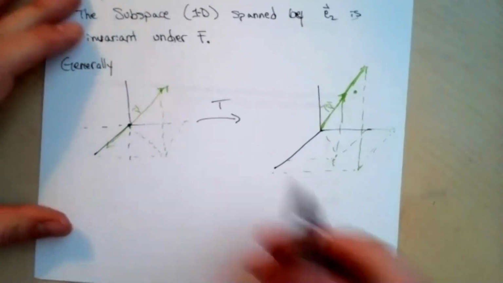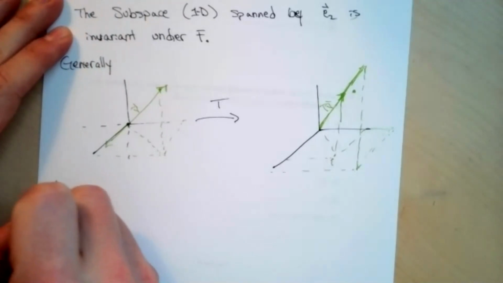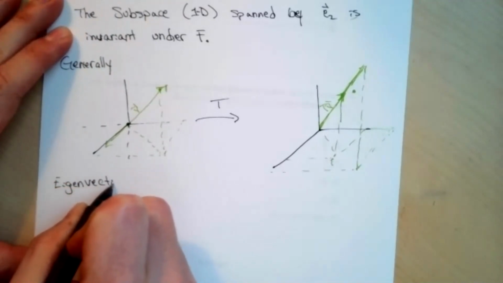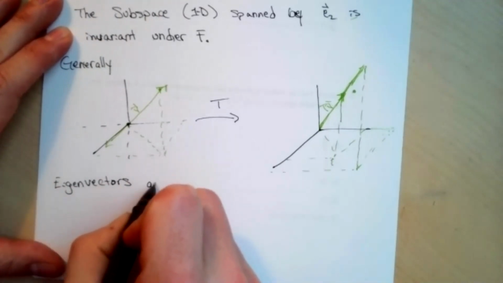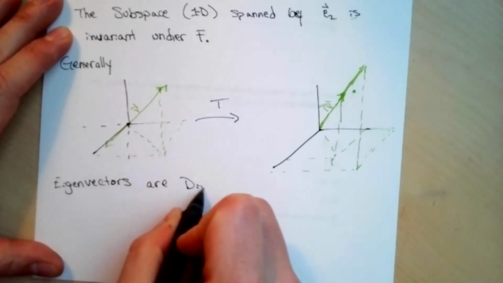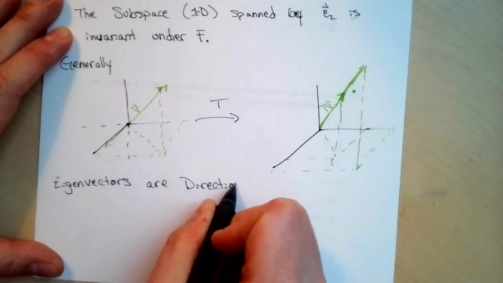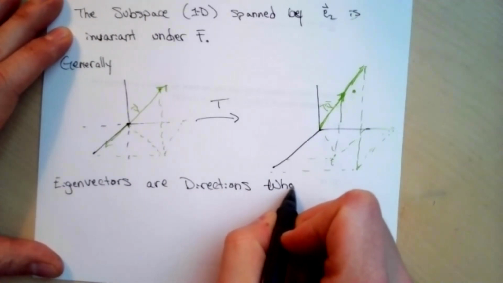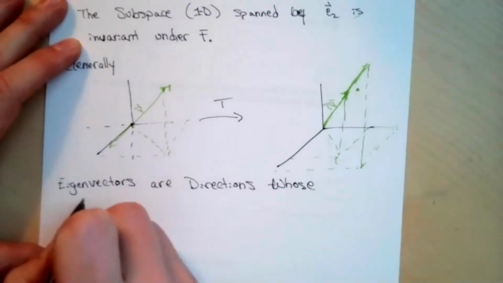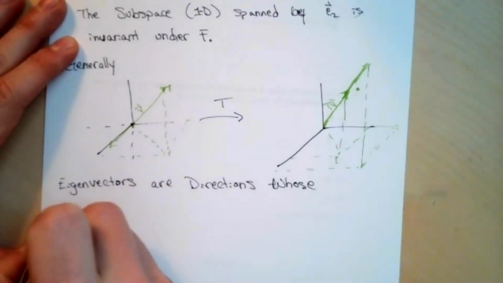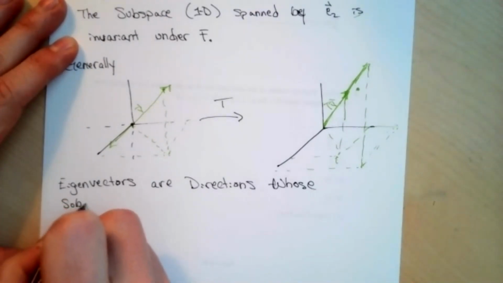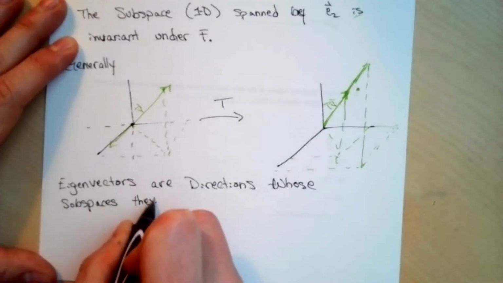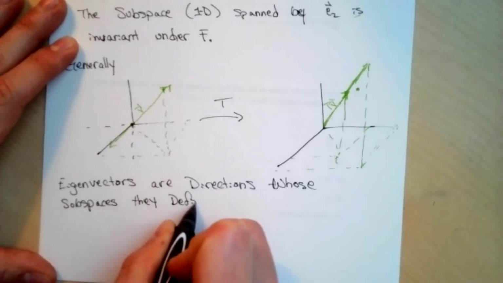So this is essentially what eigenvectors are. Eigenvectors are directions whose subspaces they define are invariant under the image of a given transformation.